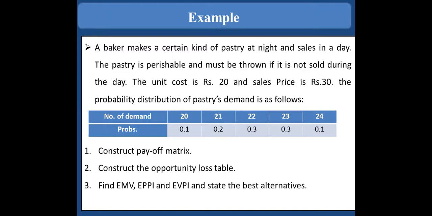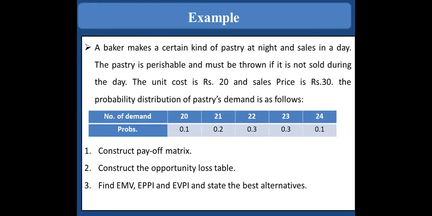Now there is a 10% chance of having 20 demand of pastry, 20% chance of having 21 demand, 30% chance of having 22 demand, again 30% chance of having 23 demand, and only 10% chance of having 24 demand. So now what do we have to construct? Payoff table, then we have to find the opportunity loss table, and then we have to find EVPI, EMV and EPPI.